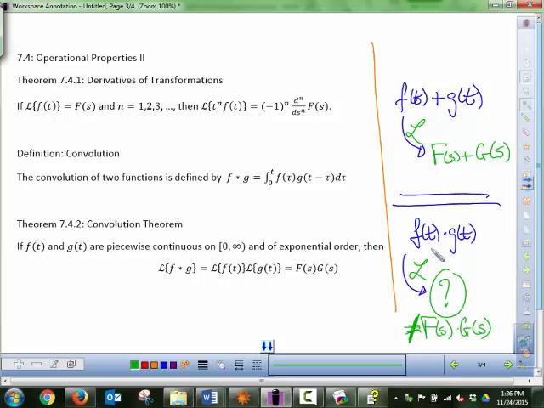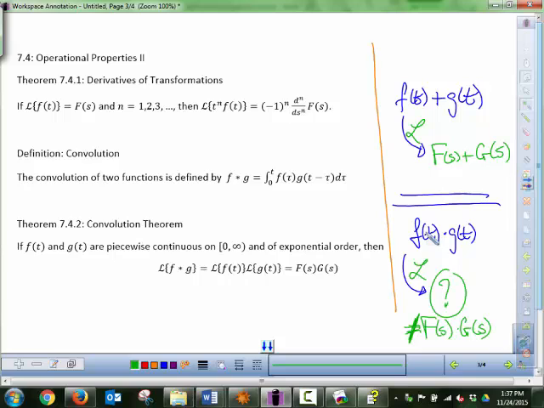Now, we have a couple of cases of multiplication of two functions. If one of these is a step function, then we have a property for that. If one of these was an exponential function, it's like one of the shifts, I think a shift in the s. So we can deal with that if one of these functions is an exponential function or a shift function.